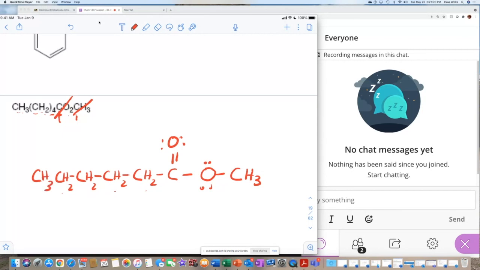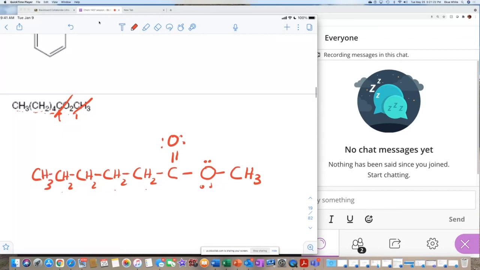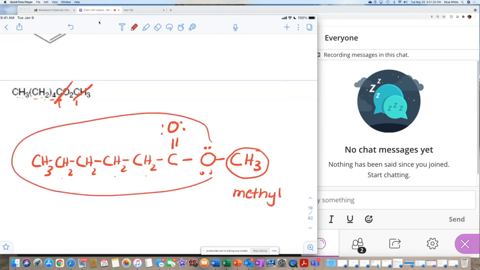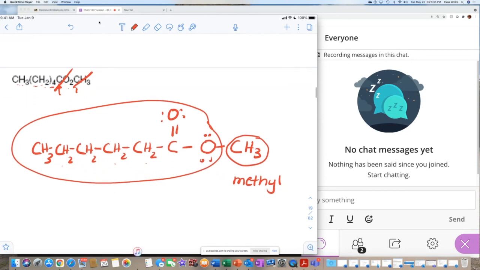I'll leave it like that. That works too. Okay. Now I have to name this as a side group. This will be methyl. You don't number it because it's always attached to that oxygen. Then I have to name all of this here, ending with oate. So I count my carbons. 1, 2, 3, 4, 5, 6. So if it was an alkane, it would be a hexane, right? I know it's kind of getting tricky, right?